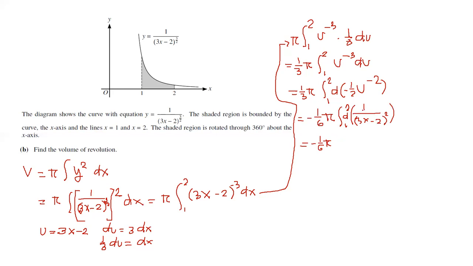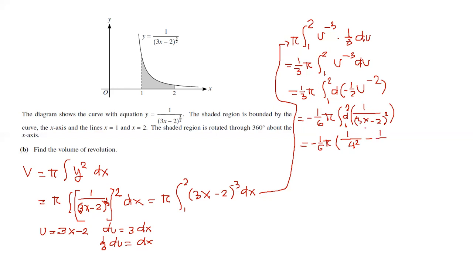and 3 times 2, 3 times 2 is 6, 6 minus 2 is 4, 4 squared I mean.